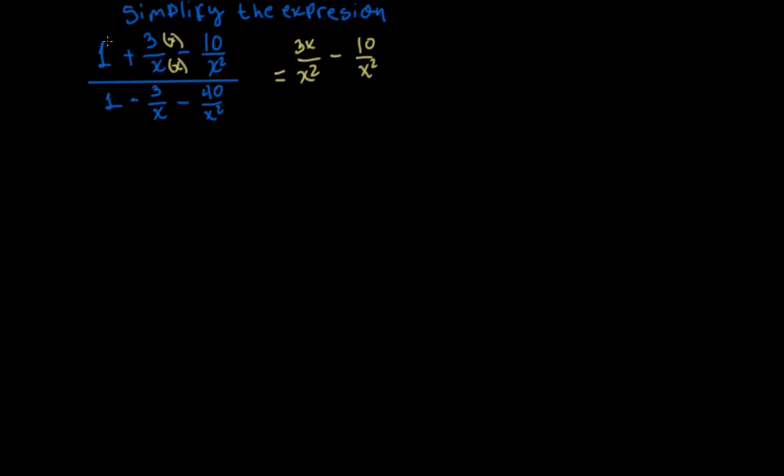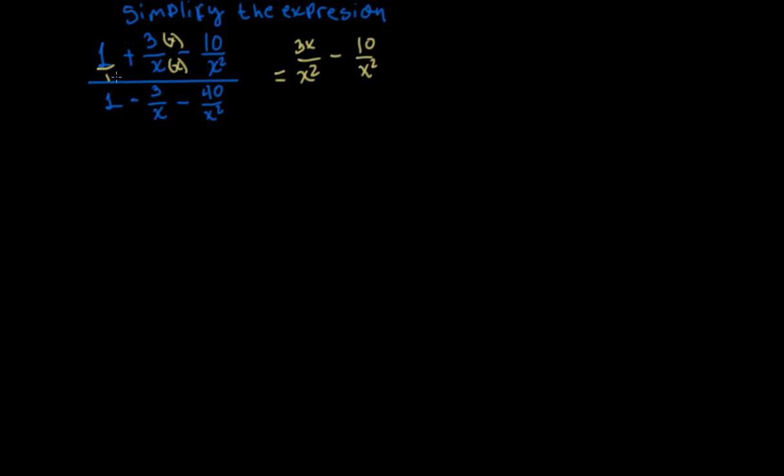So I'm going to multiply 1 by x squared. Actually, the 1 has a denominator of 1. Just to remind you, every number has a denominator of 1, because 4 divided by 1 is equal to 4. So in this case 1 divided by 1 is 1.